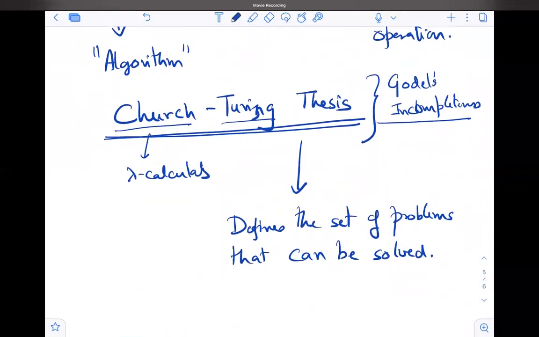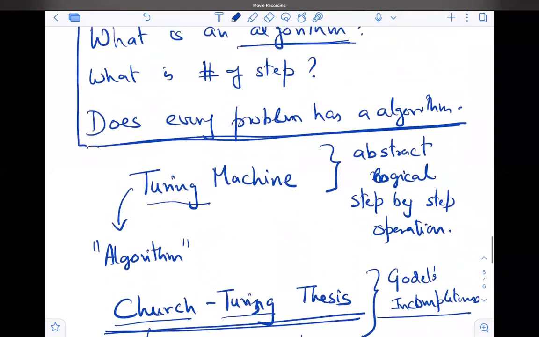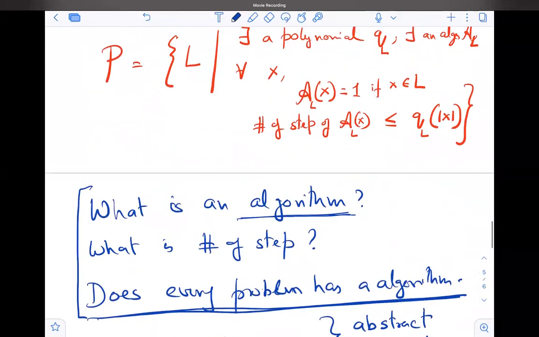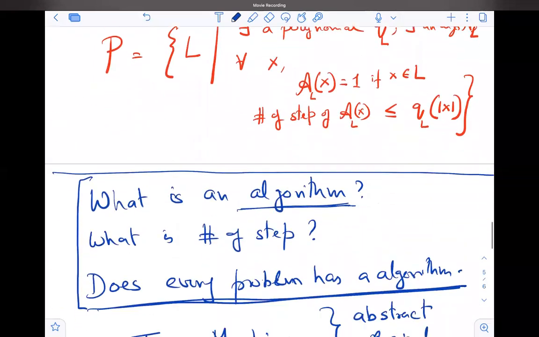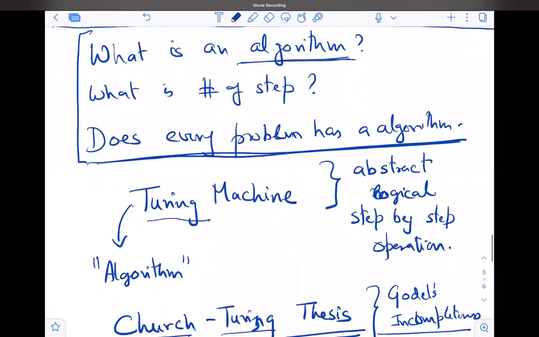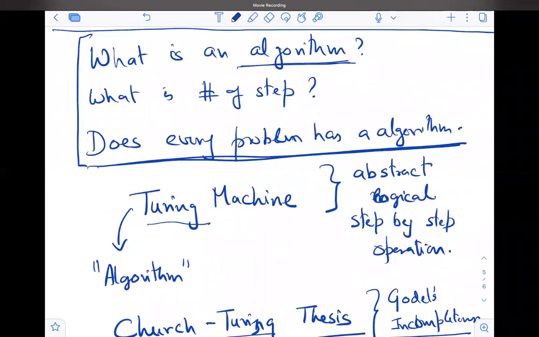But unfortunately, for this algorithms course, you have to live with a very high level description of what an algorithm is. I don't want to go into the formal stuff. I just want to say that all of these statements I'm making have a formal background.